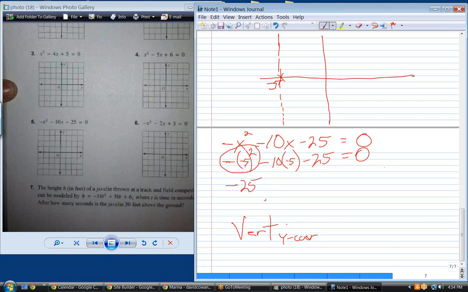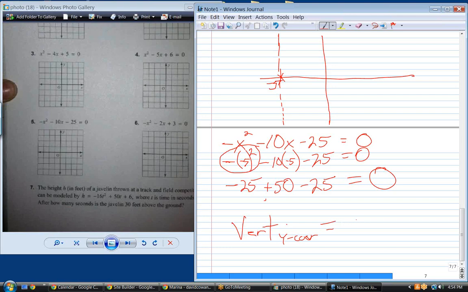I do square the -5 and it turns into a +25, but I still have that negative that is not being squared. Okay? And now the second part is minus 10 times -5 is -50, so that turns into +50. -25, well, that's equal to 0.